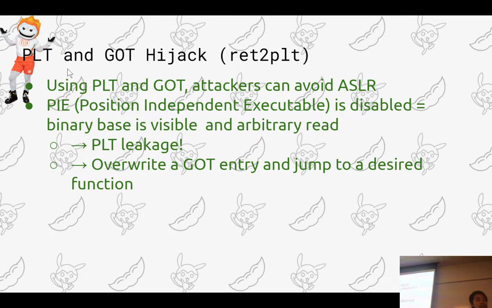This next one is most related to linker features: PLT and GOT hijack. This is a technique that uses PLT and GOT to jump to a function that you desire. How do they do it? First, assume PIE, position independent executable, is disabled, which means the binary base is visible and arbitrary read is possible.